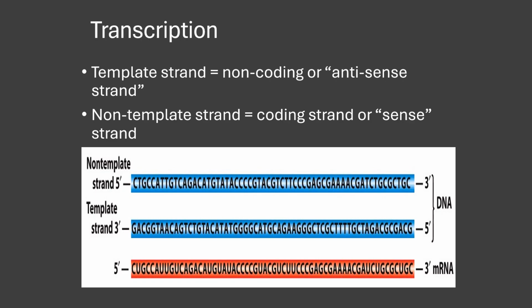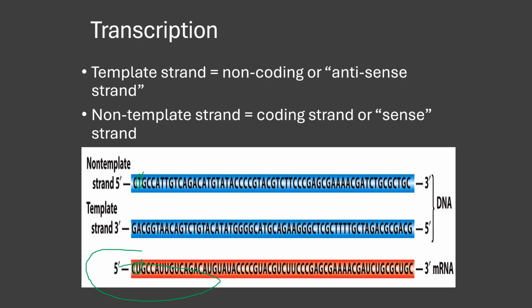The way that relates to what's actually produced is exactly equal to the mRNA that would be produced, down here in red, except you switch out the T's for U's because RNA has uracil instead of thymine. So again, the non-template strand is the coding strand or the sense strand.